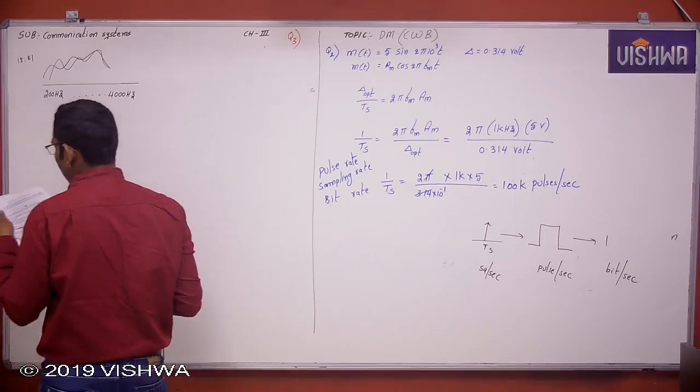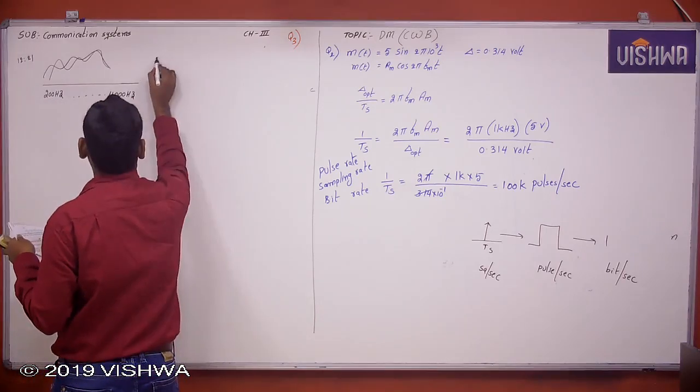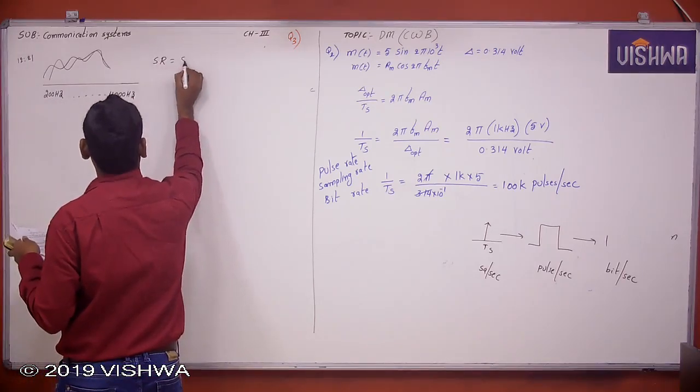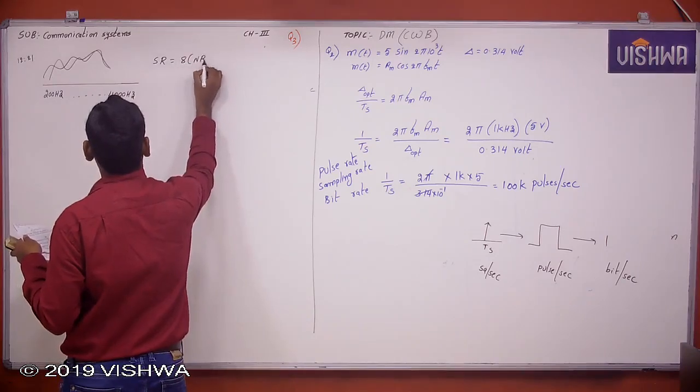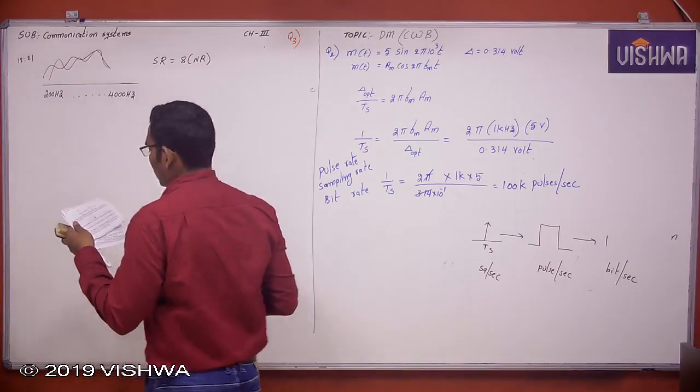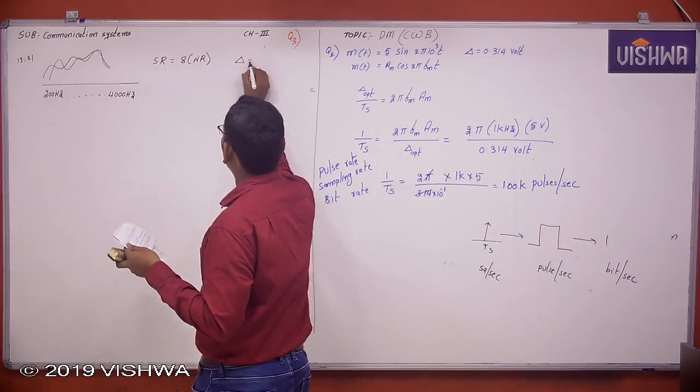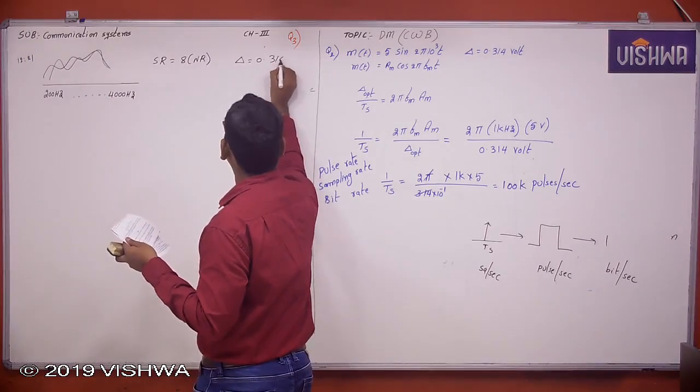The signal is sampled at 8 times the Nyquist rate. The step size is 0.314 volts.